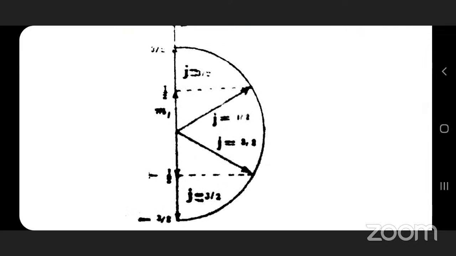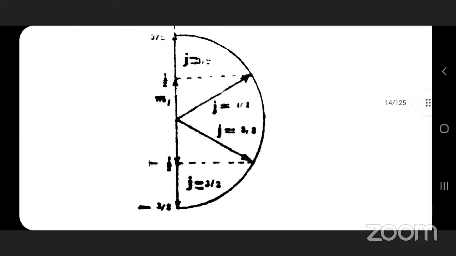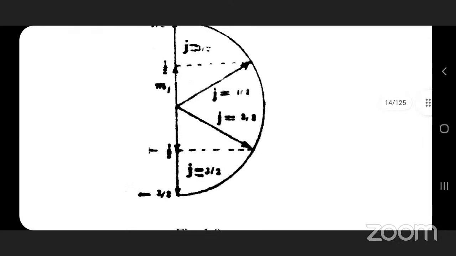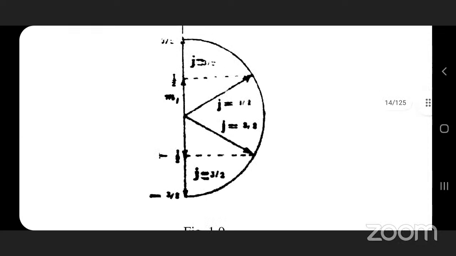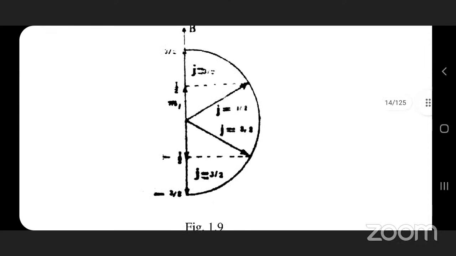So like that, J values, plus and minus, as well as ML and MJ values, we have to obtain.